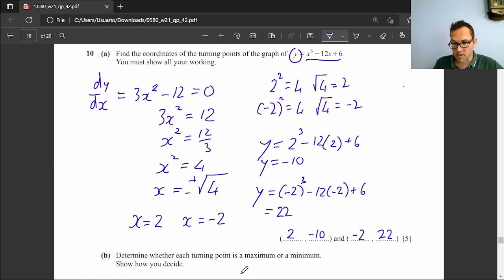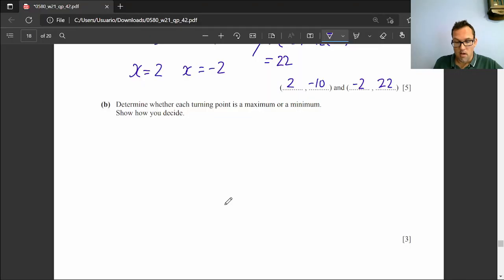Right, next question, question 10b. Determine whether each turning point is a maximum or a minimum point. Show how you decide. Now, there are many ways to do this. In the maths team, they talk about a second derivative, etc. I think the clearest way is just to draw a quick sketch, and this is perfectly fine to do.